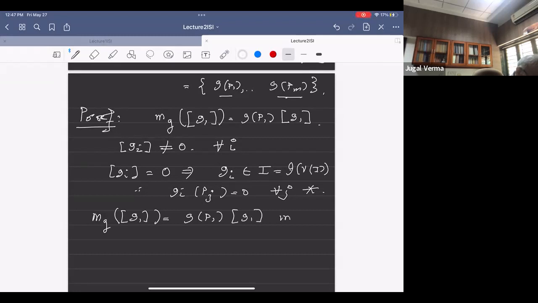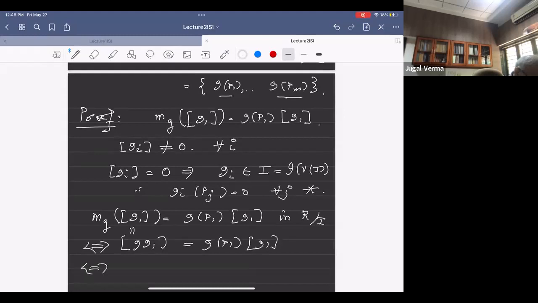This is happening in this quotient ring. This is equality of two residue classes. This is the residue class of g times G1. This is g(P1) times G1.